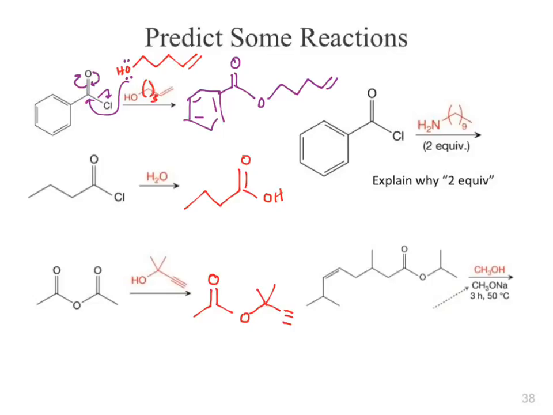Wait, how is it the same? Why does the triple bond not act as a nucleophile? Is that what you're asking? Yeah. What about the triple bond would act as a nucleophile? When have we seen it act as a nucleophile before?